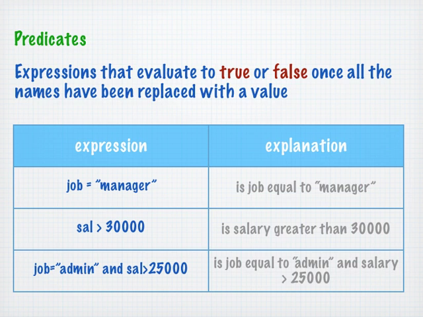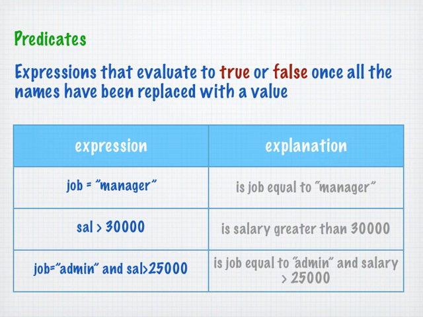It's an expression that will be evaluated, and when it's evaluated it will return a value of true or false, and if it returns true that means we will include that row in our output. And there's a particular syntax that you can see. It's always the name of a column and then an operator and then some particular value that you're looking for or comparing against. So here are some examples.